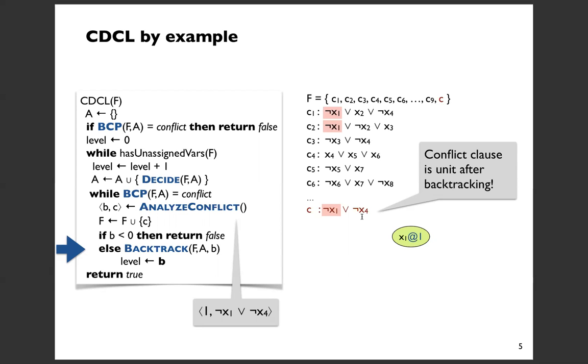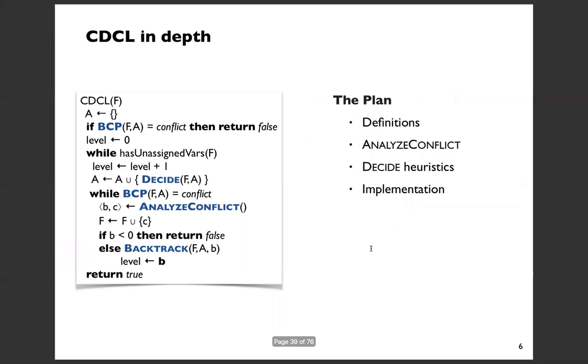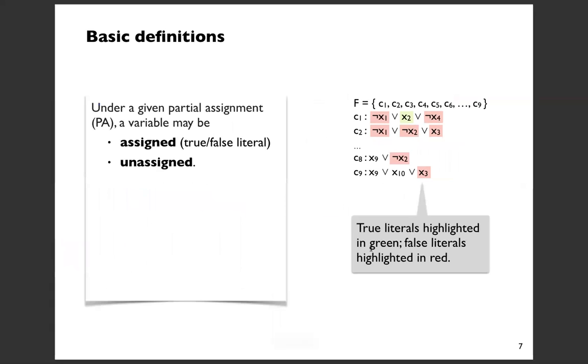So I still haven't explained how exactly you analyze the implication graph to extract these conflict clauses, and that is the next thing I will do. So this you have already seen.